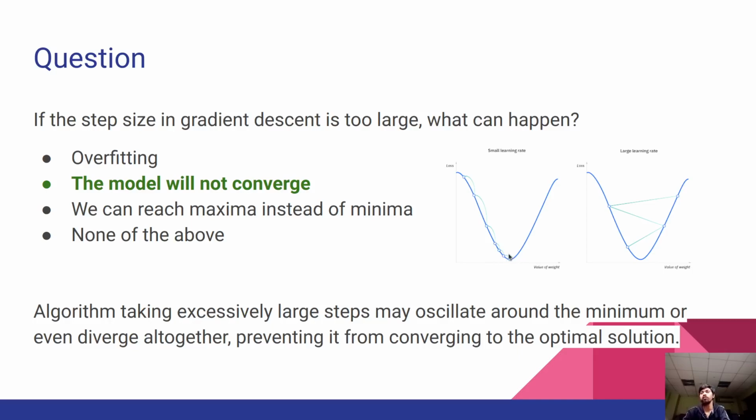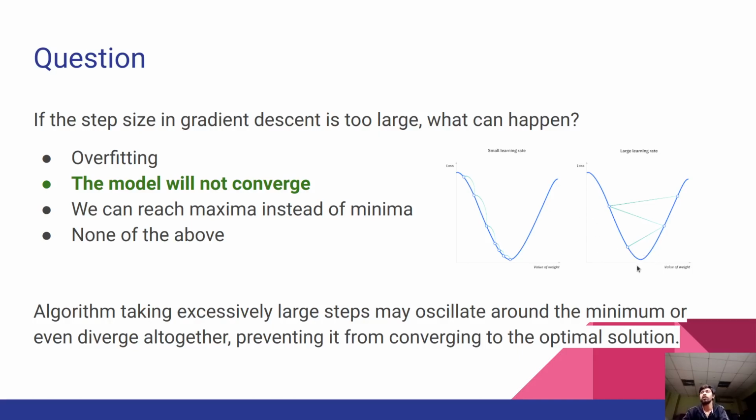Finally we are reaching here. So if it is small, then we can reach the minima. But if it is too large, we can overshoot the minima and roam around. We may not reach the minima if it is too large.